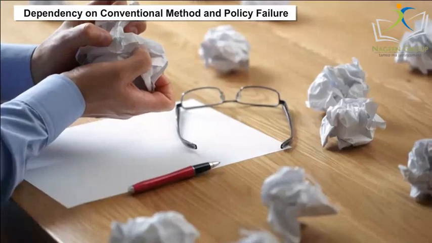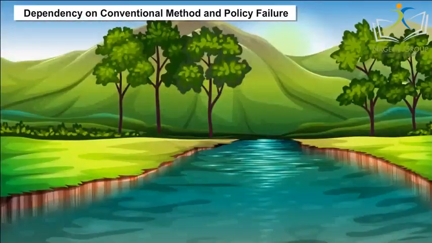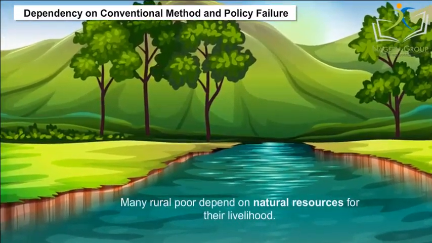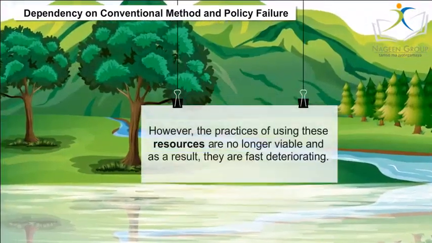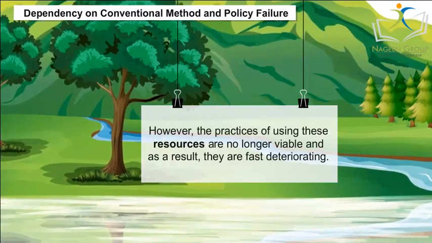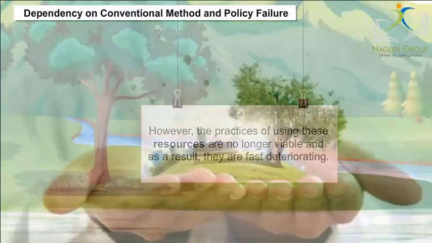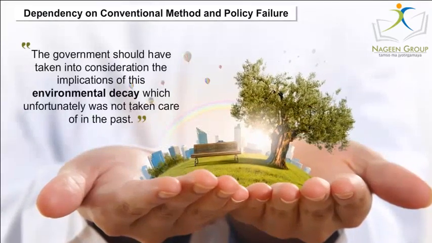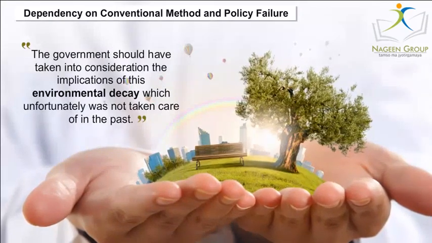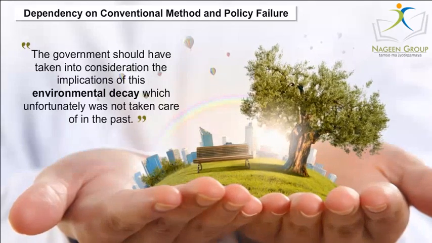Dependency on conventional methods and policy failure. Many rural poor depend on natural resources for their livelihood. However, the practices of using these resources are no longer viable, and as a result, they are fast deteriorating. The government should have taken into consideration the implications of this environmental decay, which unfortunately was not taken care of in the past.